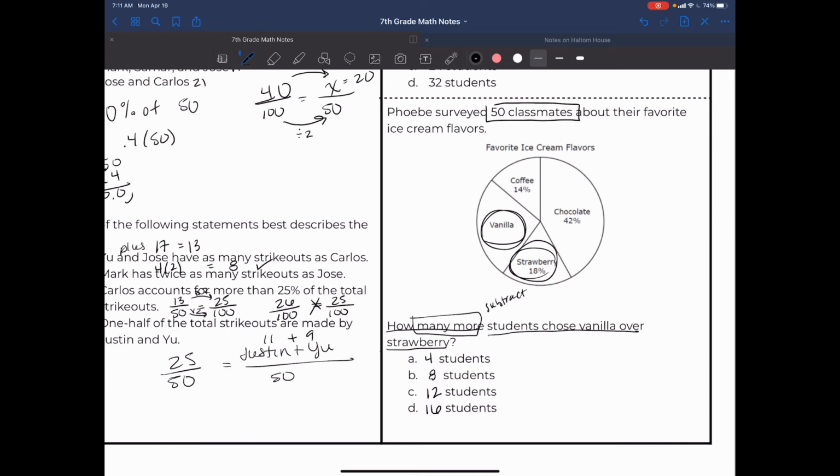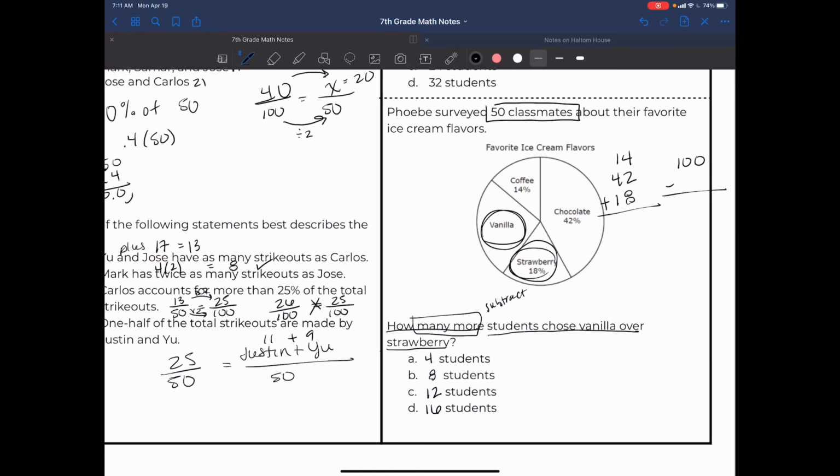Okay. I need to figure out what is 18% of 50, and then clearly I need to figure out what percentage vanilla is. Since I know, we have to do that first. Since I know that my pie chart is the total is out of 100, right? Because we see we're dealing with percents. I need to put together what I know and then subtract it from 100.